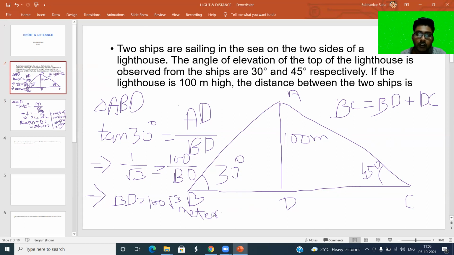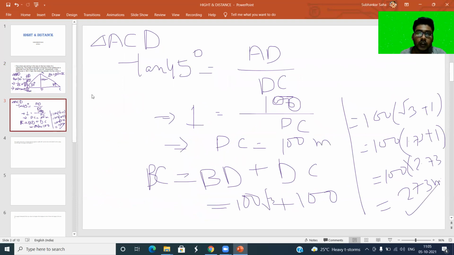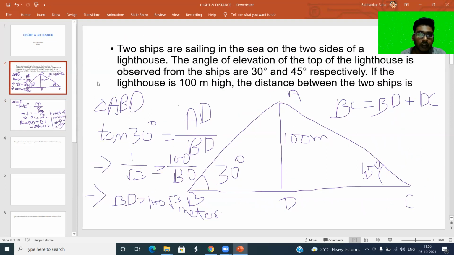Then in triangle ACD, tan 45 degrees is equal to height by base, AD by DC.